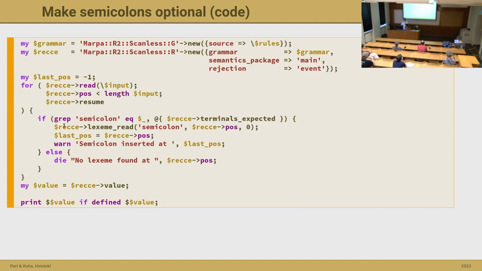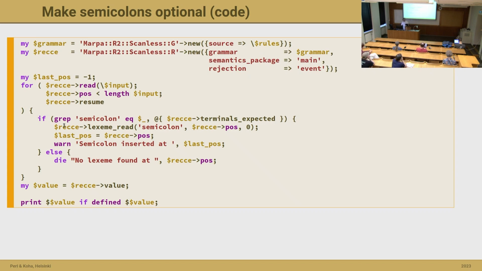It tells us what position in the input it has, and while it's not the end of the input, we loop. The read stops when it cannot proceed, and we go into the body of the loop.